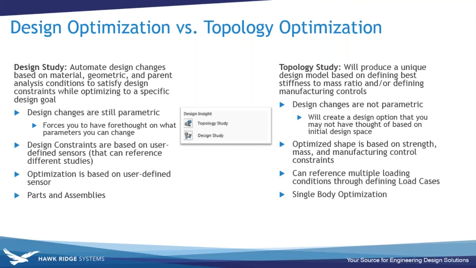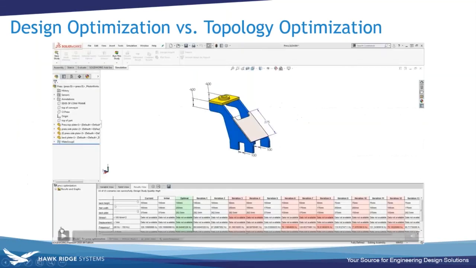So you are defining what those parameters are, and they're based off these sensors where you're controlling what those criteria are. And then the optimization part of it is through a sensor as well, where you may want to minimize the mass of the entire model. And you can run this analysis for parts and assemblies. So if you're not familiar, let me show you this quick animation of the interface.